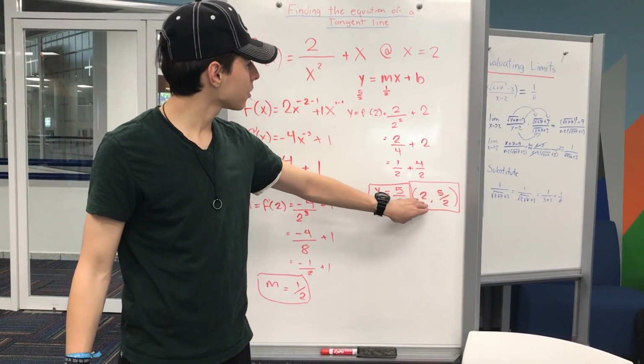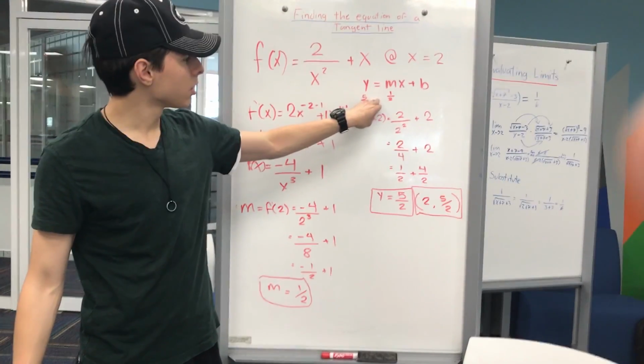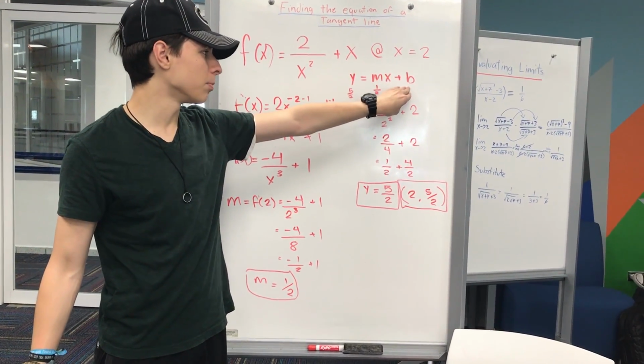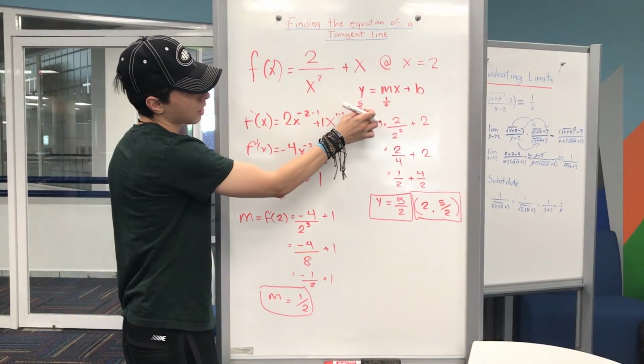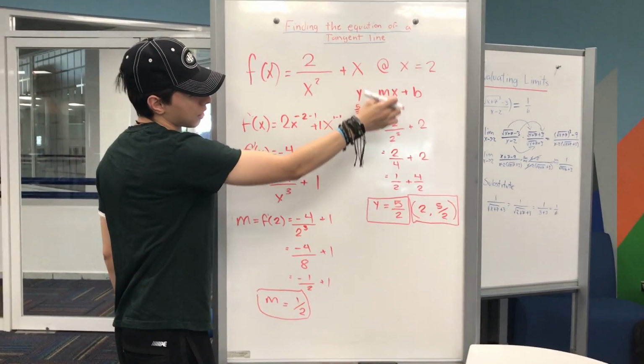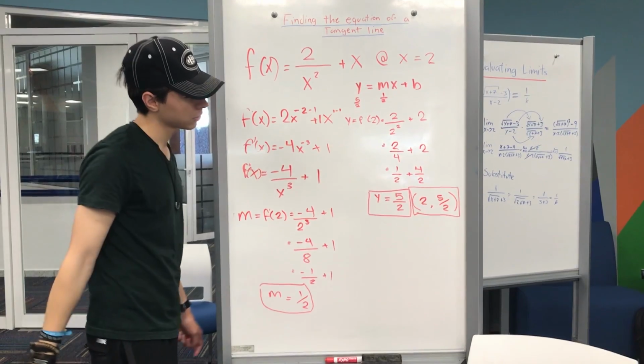And after getting this answer, now we could proceed finding letter b. And to do so, we will just replace our answers in their corresponding variables.